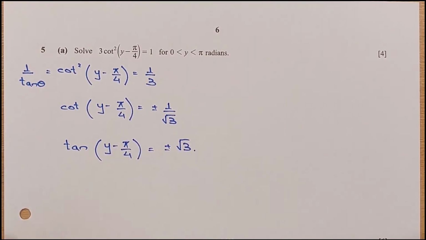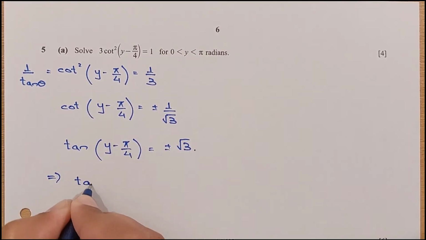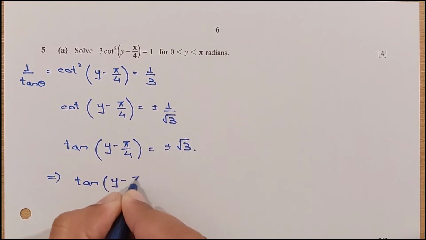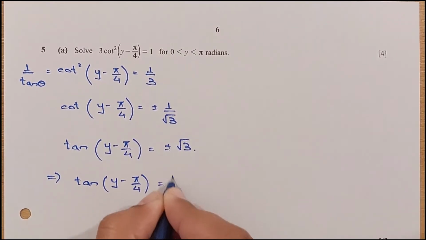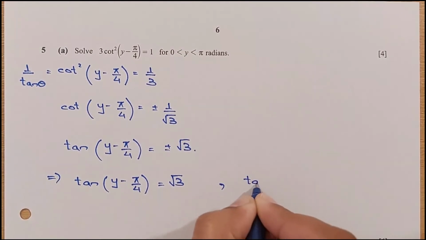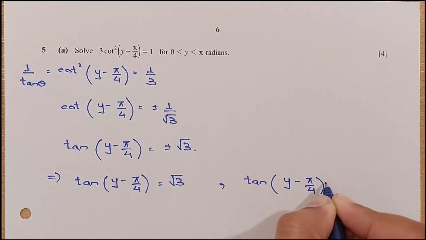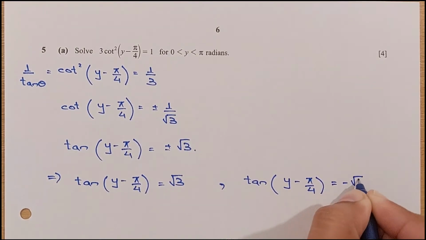Right, now we have two values, with a positive square root of 3 and with a negative square root of 3, right? So the first case is tan of y minus pi by 4 is square root of 3, and the second case is tan of y minus pi by 4 is negative square root of 3, right?